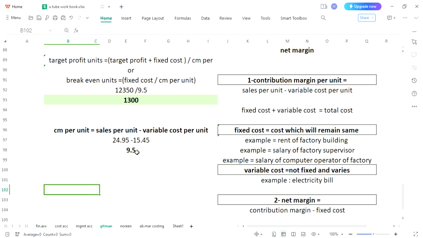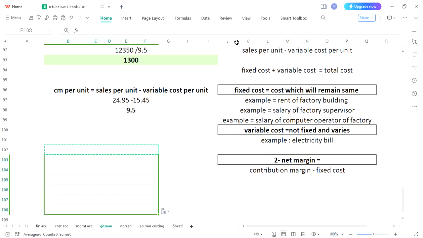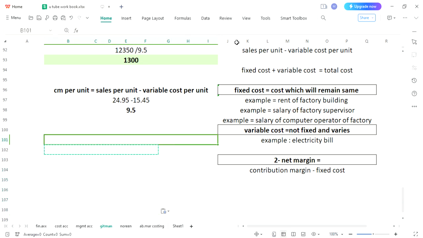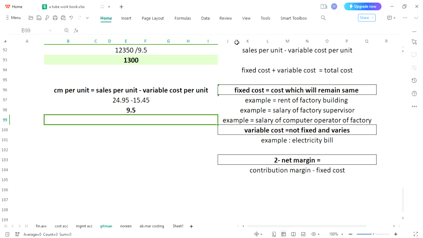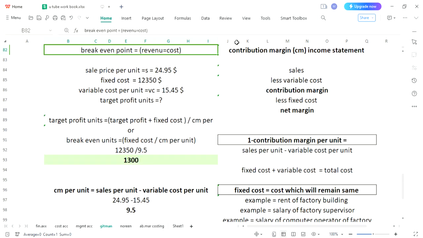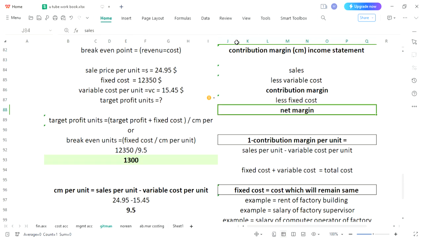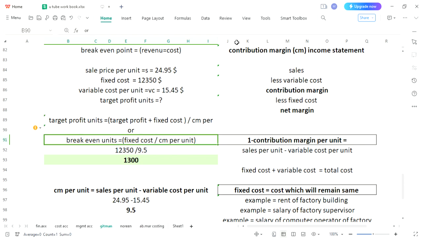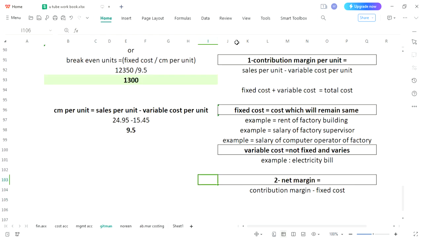We are just making you understand. So we are now proving and understanding it. For that, we will be following this contribution margin income statement, and we will calculate it, and I will let you know why I am doing this.